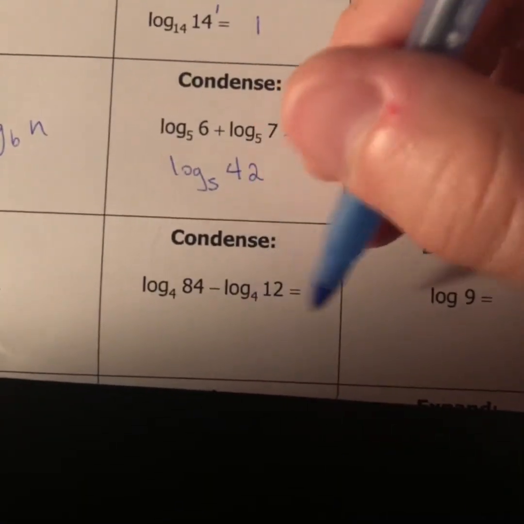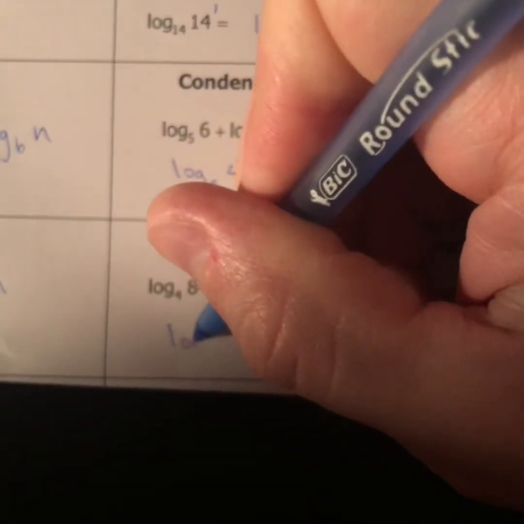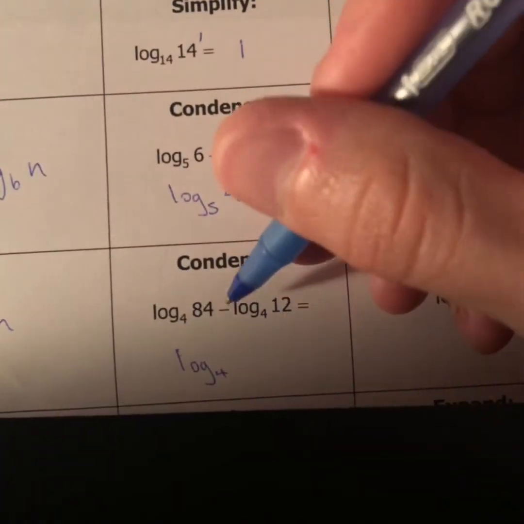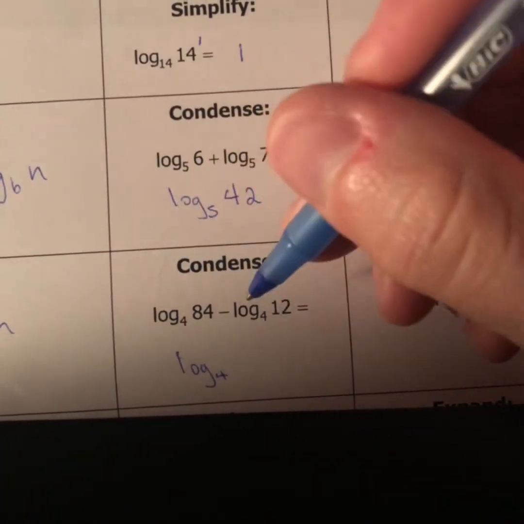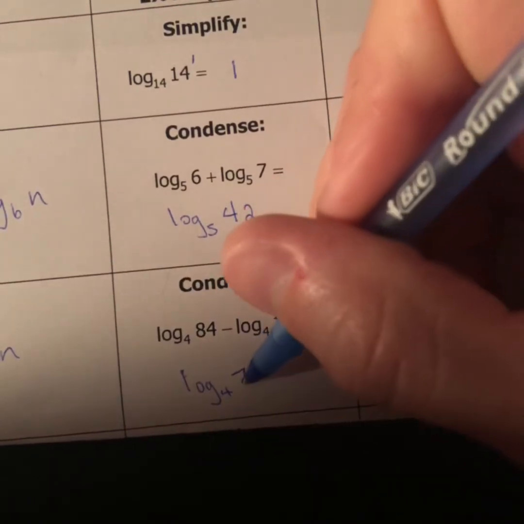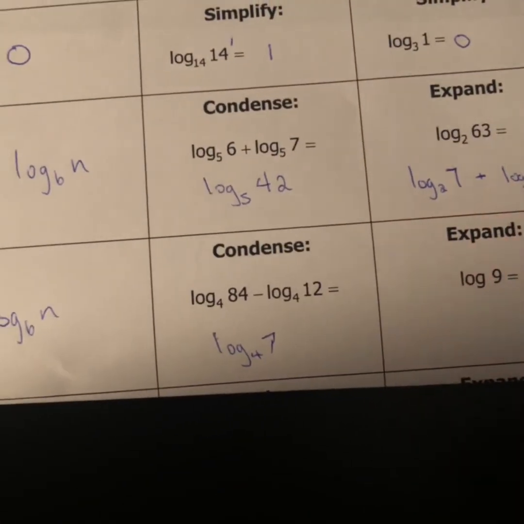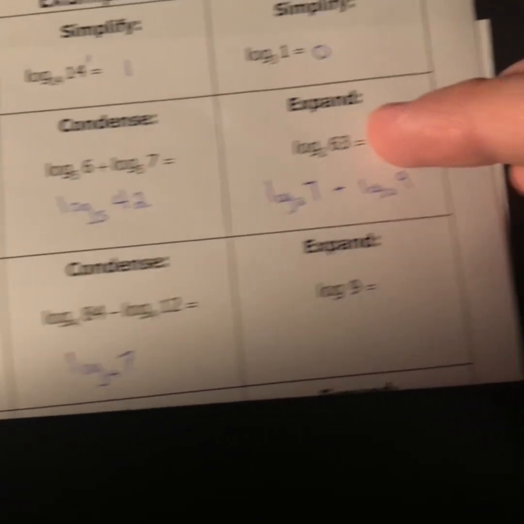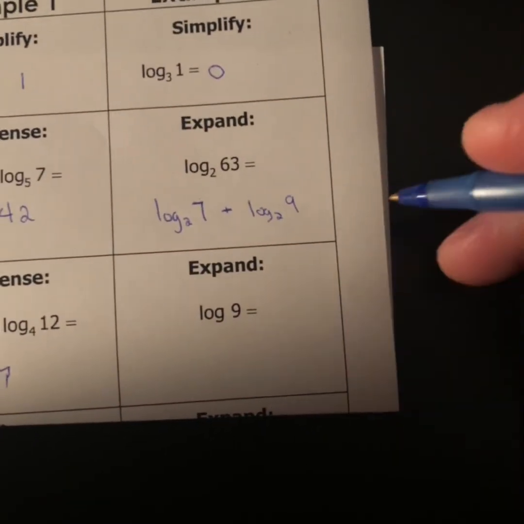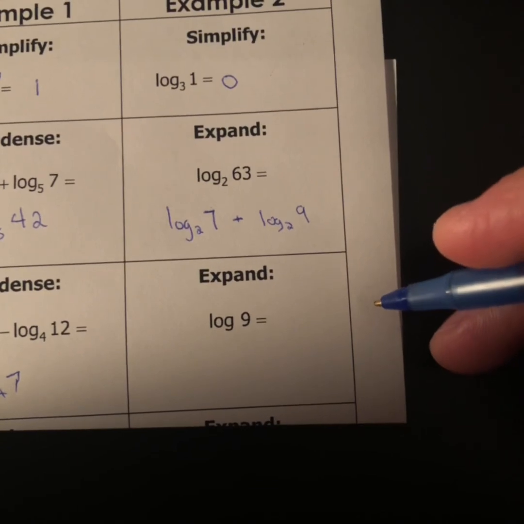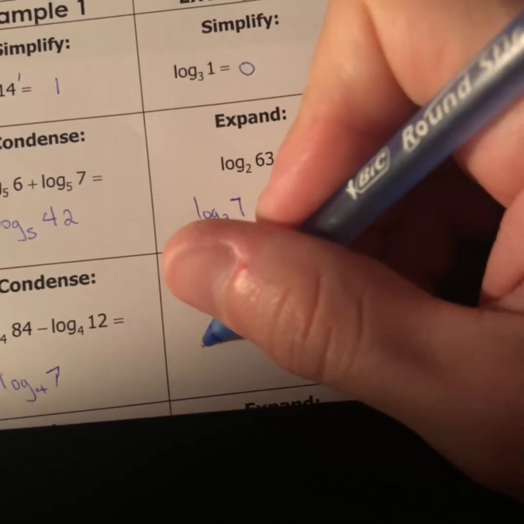Subtraction, we can divide these. So log base 4 of 84 divided by 12, that's going to get you 7. Log base 4 of 7. And same thing here, you can divide these, so you can really choose a bunch of different answers here.